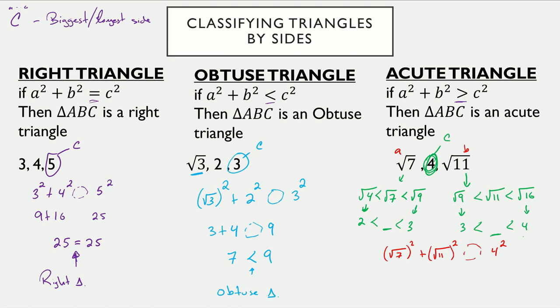The square root and the square cancel out, I'm left with 7. The square root and the 2 cancel out, I'm left with 11. How does that compare to my 16? 7 plus 11 is 18, and 18 is greater than 16. So in this case, we indeed have an acute triangle.